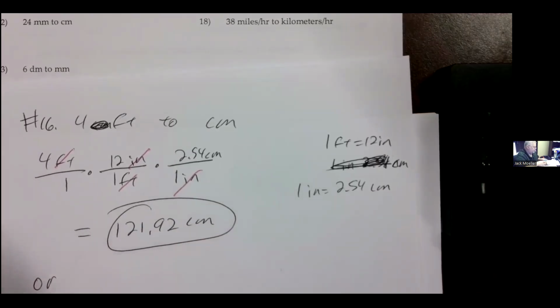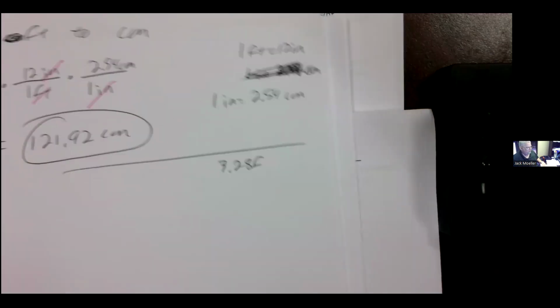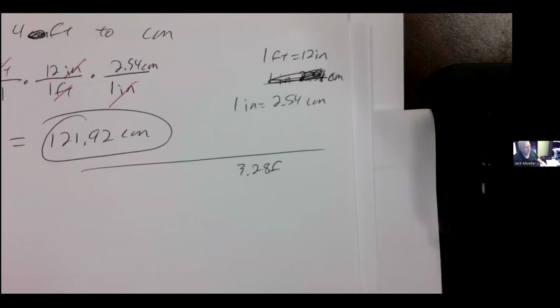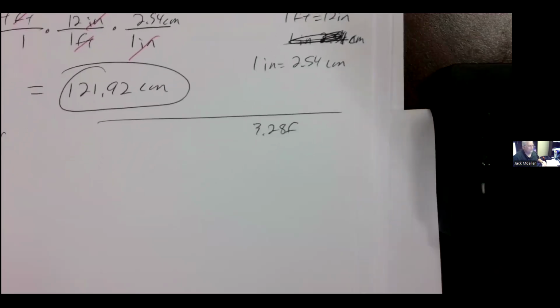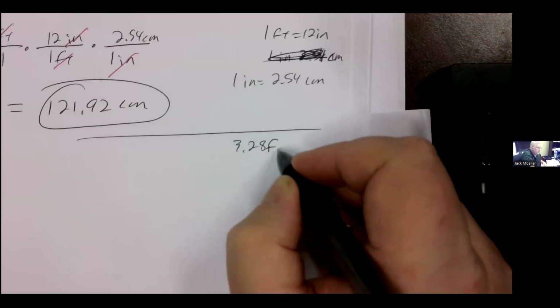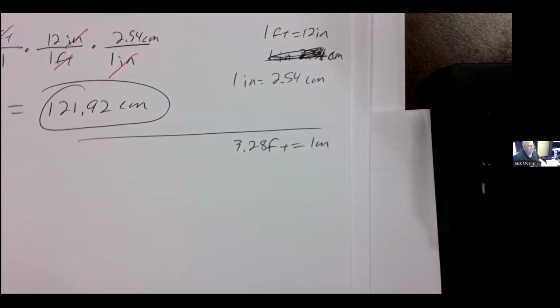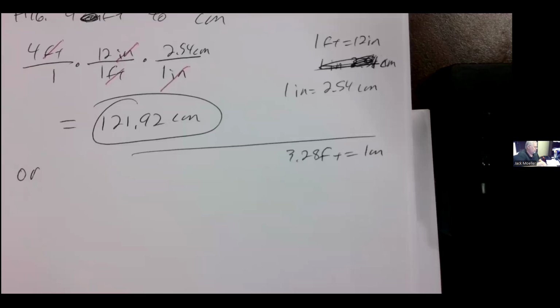What if we did it the other way? What if we used 3.28 feet? Sorry, my camera turned off on my computer. The 3.28 feet is 1 meter. That's something that was also given. So how would we do that?